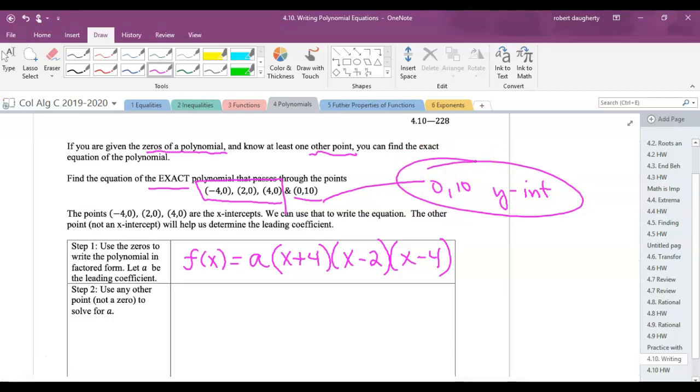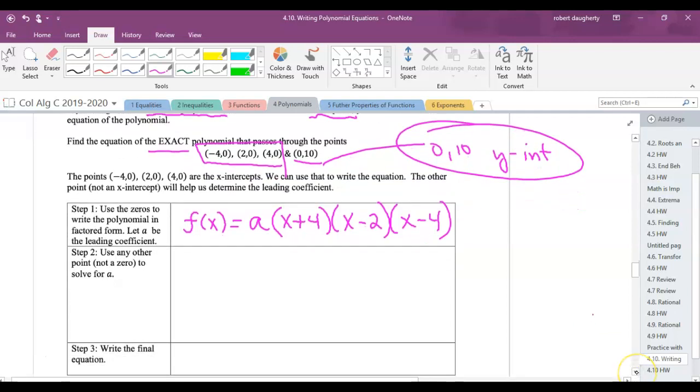So now what I've got to figure out: when you plug in a 0 for x, what had you better get for your y value? You need to get 10 back. So let's plug a 0 in for x.